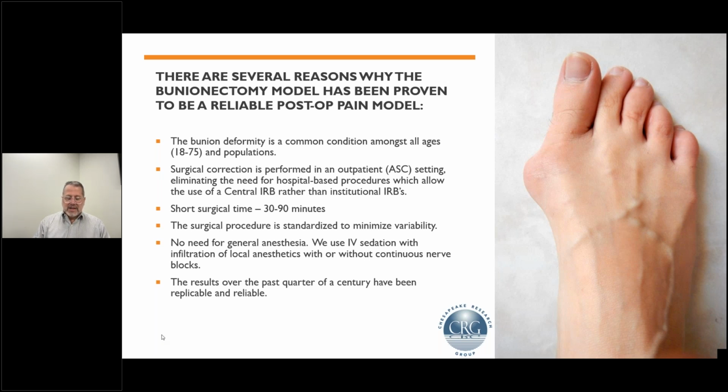We can randomize subjects with this model either prior to surgery, during surgery, day 1 after completion of the surgical procedure, and on day 2. These day 2 studies typically require the use of continuous regional anesthesia with nerve blocks. Further, the NRS pain score can be selected based on the sponsor's preference for randomization. It can vary between 4, 5, or 6 out of 10. The pain score is always in the moderate range.